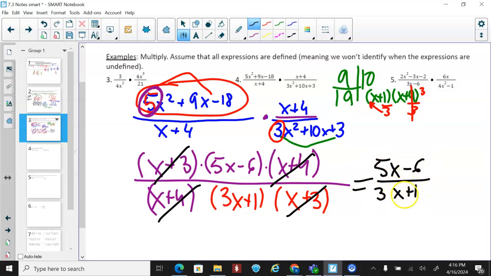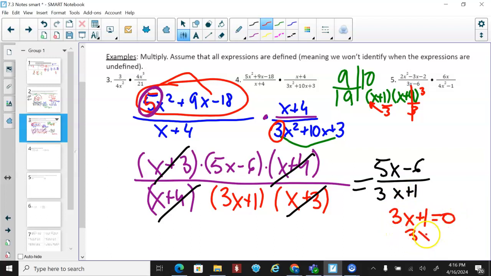Now again, I do want to make sure about this x right here. What is the value of x that will make this function undefined? It will make the denominator a 0, right? So 3x plus 1 equals 0.